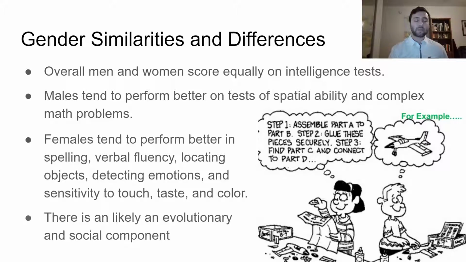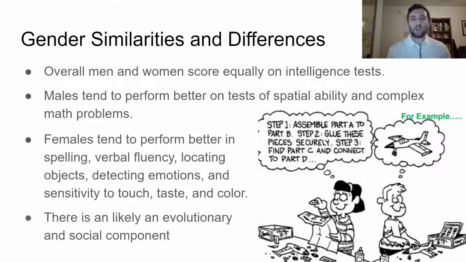Now, one thing that's kind of interesting, and again, this isn't something that we know 100% yet, is that there is likely an evolutionary and a social component to why men score better in some places and women score better in some places, and why we actually even approach problems differently sometimes.